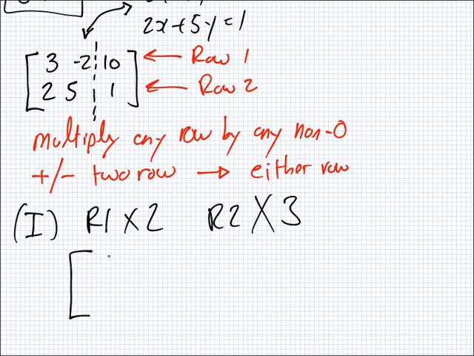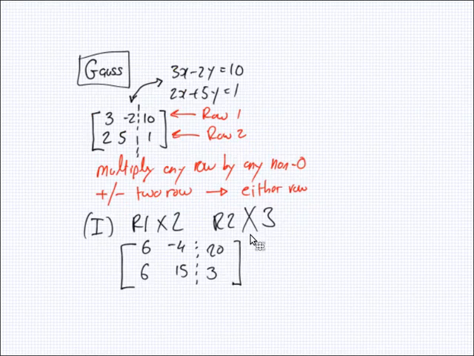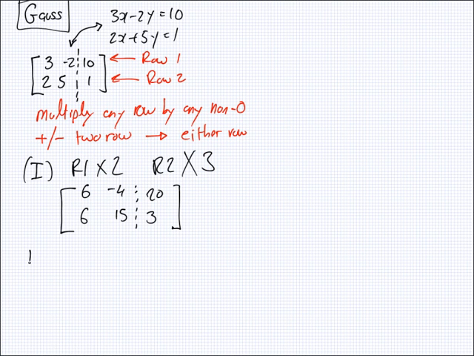I will get 6, minus 4, and 20, and then 6, 15, 3. Yeah?